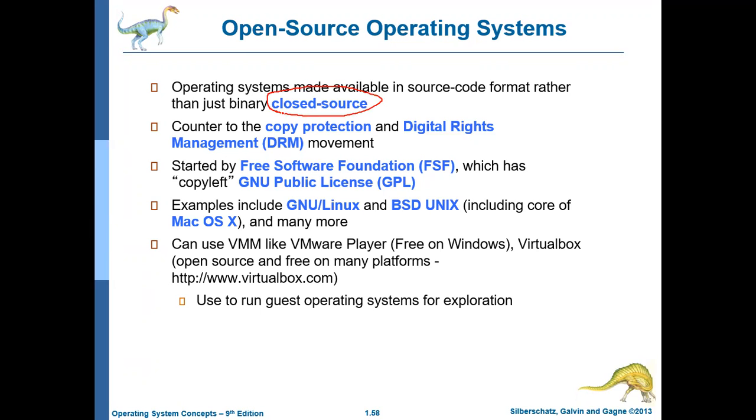But there are open source operating systems available to counter the copyright protection and digital rights management. Nowadays everybody says that if they create a software, they want to copyright it, or register it in digital rights management. They don't want to share with anybody, because they feel that the knowledge created by them may be used by others free of cost or without any effort.